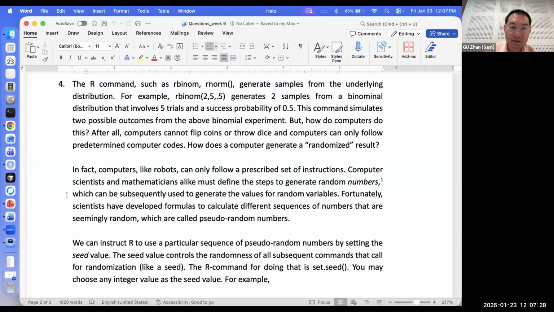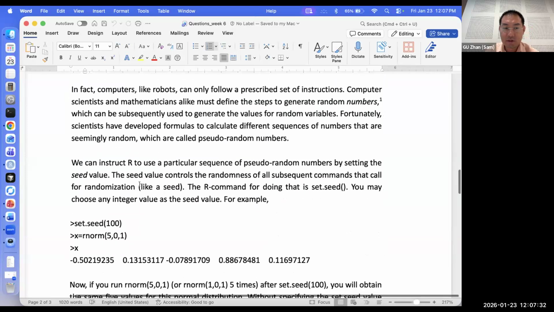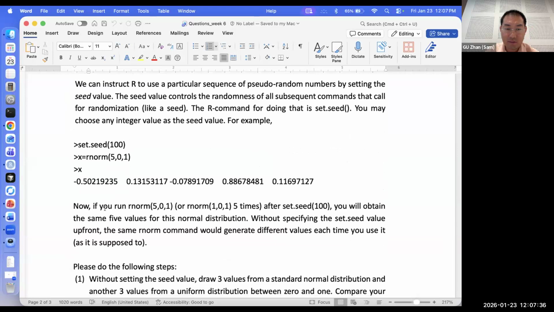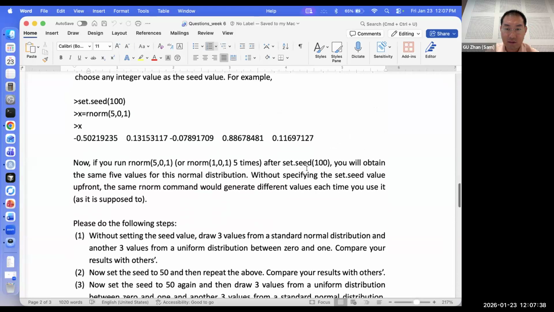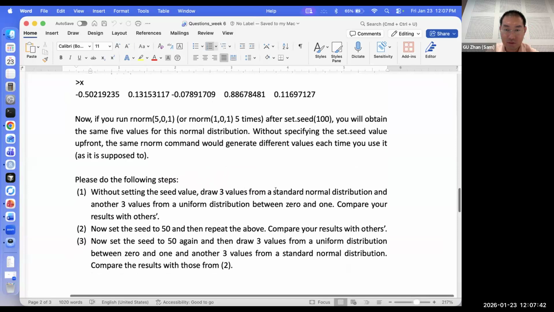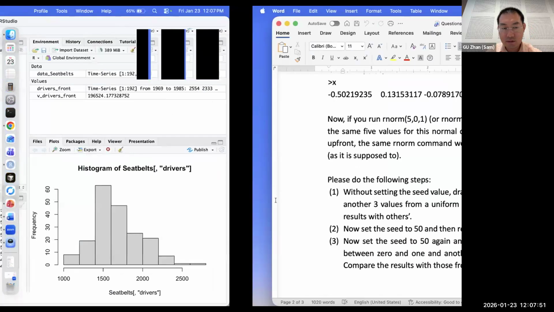Then set the seed and generate random numbers. Now run these after set seed, and also without setting the seed. Draw 3 values from the standard normal distribution and another 3 values from the uniform between 0 and 1. Compare the results with others.